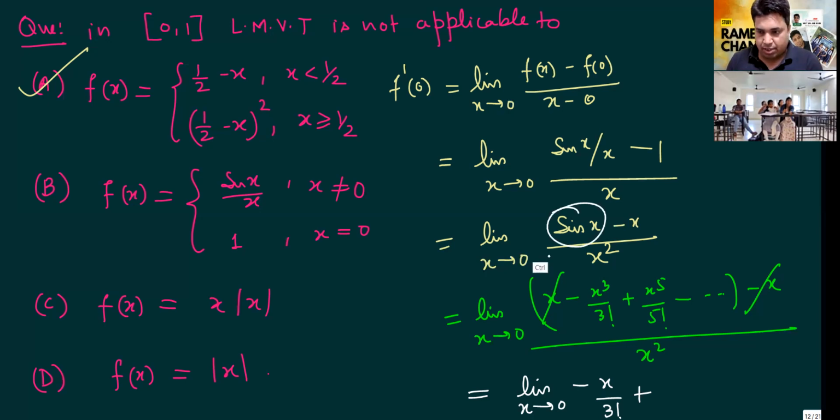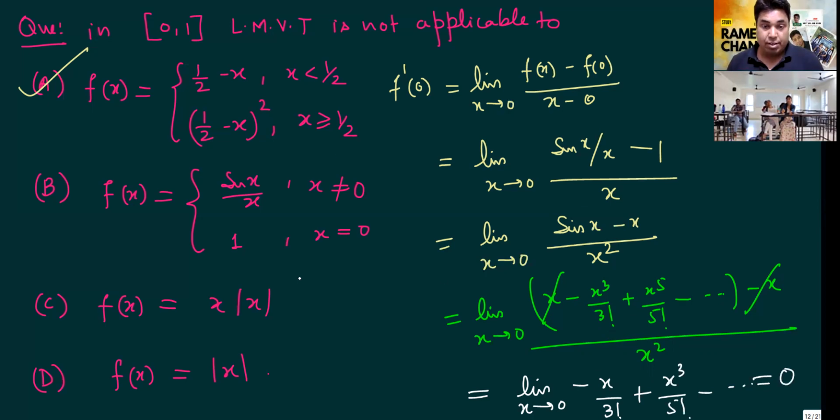This is what we are having. Expansion of sin x: x minus x cube by 3 factorial plus x power 5 by 5 factorial, alternate plus minus. We need to divide it by x square simultaneously. So we are getting minus x by 3 factorial plus x to power 3 by 5 factorial minus and so on, and this is coming out to be 0.